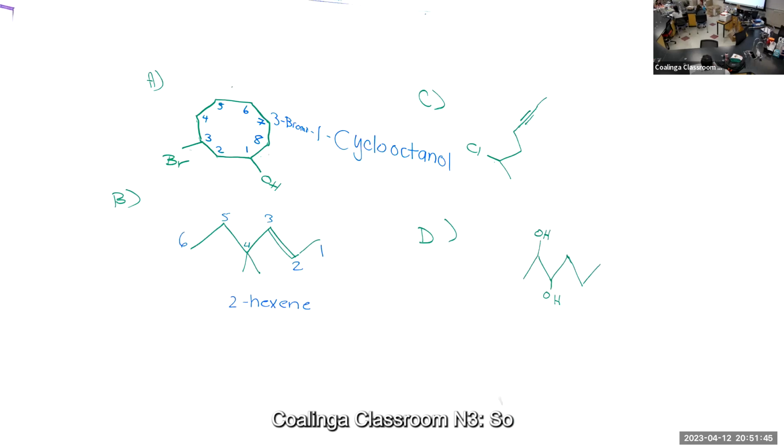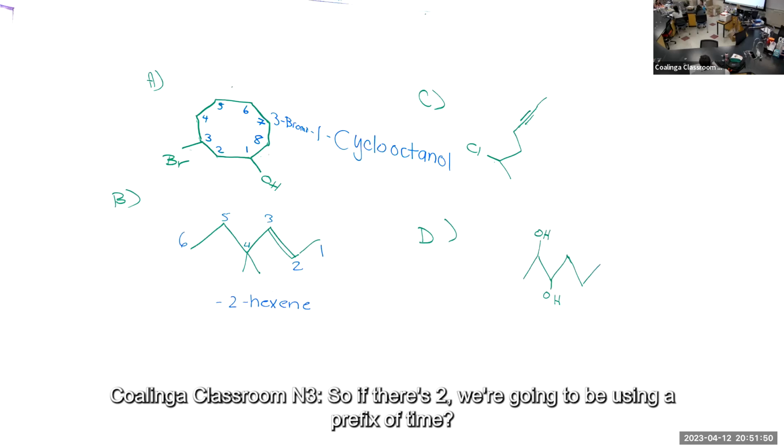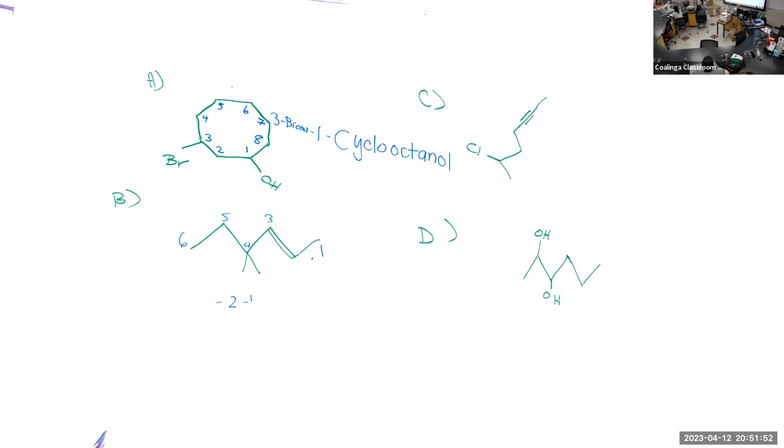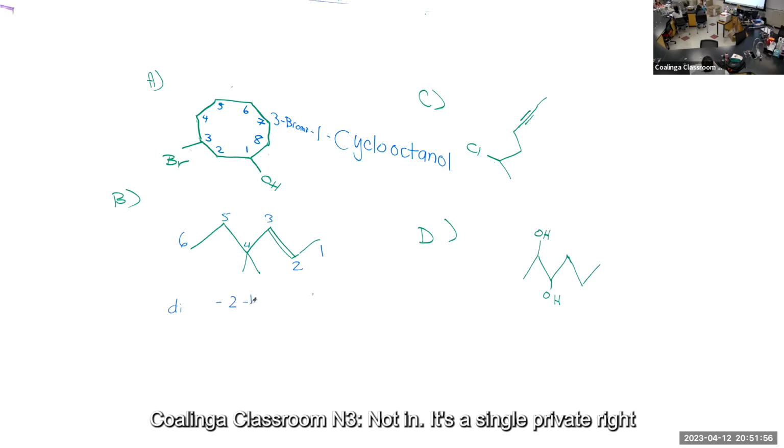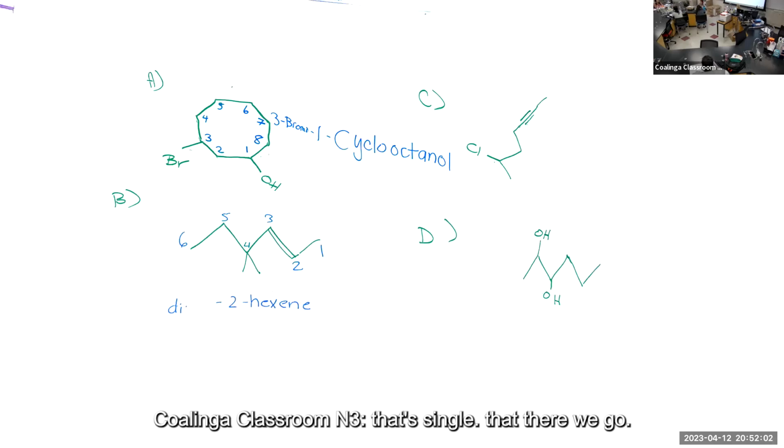Since there's 2, we're going to be using a prefix, so di. And if it's a single carbon, it should be methyl. Not single bond. There are 2 individual carbons, 1 carbon each. There we go, dimethyl.